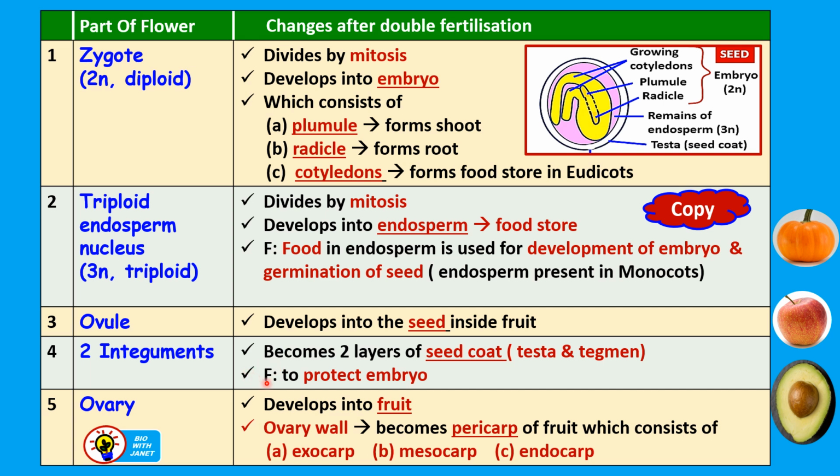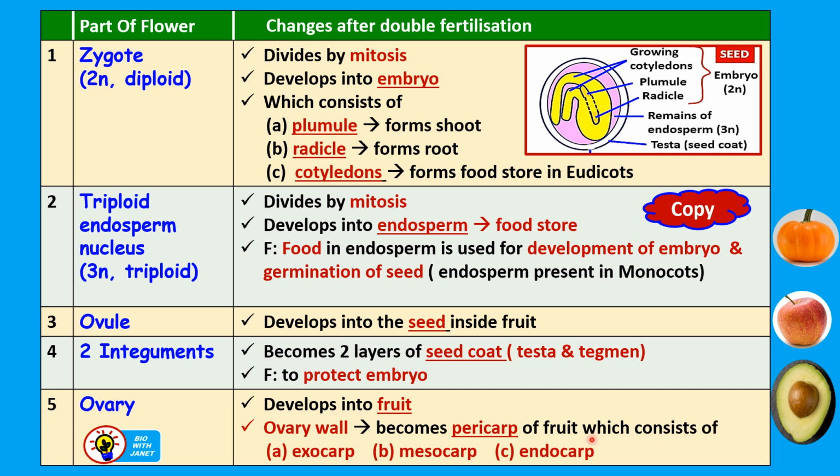The two integuments on the external part of the ovule become two layers of seed coat. The outer layer is the testa, and the inner layer is the tegmen. The function of the seed coat is to protect the embryo. Now, the ovary develops into the fruit. So the ovary wall will become the pericarp of the fruit, which may consist of three parts if the fruit is succulent or juicy.